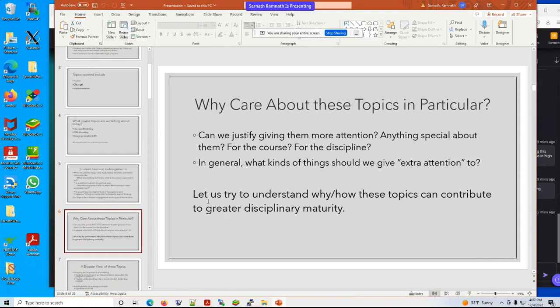So, here is why we are bringing up these topics today. The whole idea is that these topics can contribute to a greater maturity in the discipline and help them become better as computer scientists or software engineers or whatever they're going to become.